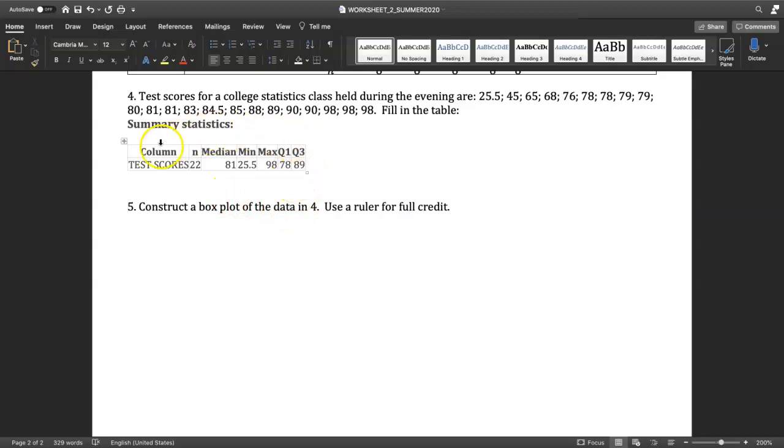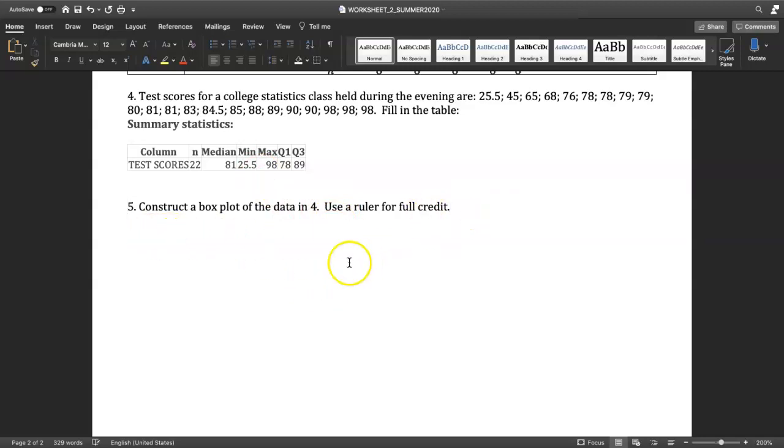Okay. And if you didn't have StatCrunch, you could use this 5-number summary to calculate your box plot, and many of you did it that way. You used pencil and ruler, and with these 5 values that you calculated, you were able to plot your box plot there. But let's do this in StatCrunch now.